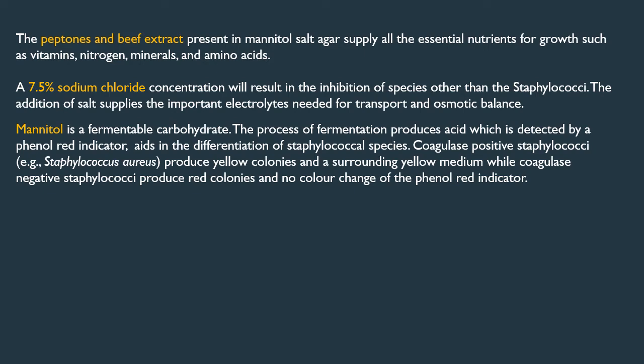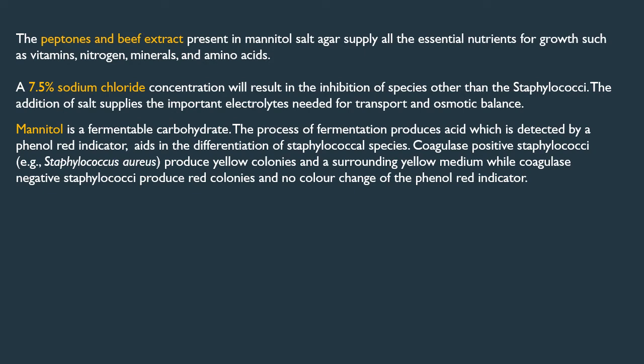staphylococcal species. Mostly coagulase positive staphylococci, that is Staphylococcus aureus, produce yellow colonies and a surrounding yellow medium as shown in the picture, while coagulase negative staphylococci will produce red colonies and no color change of the phenol red indicator.